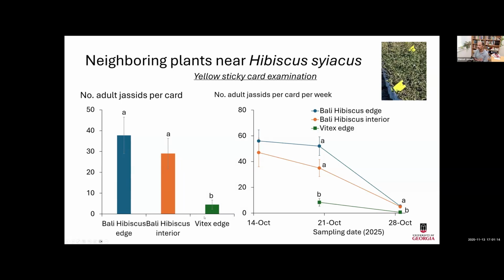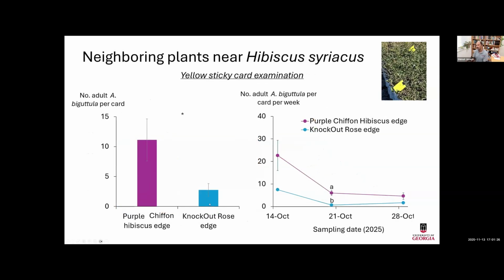That means the adults are flying to the neighboring plants, but it looks like they're not colonizing, because we didn't find any indication that they are colonizing Whitetex. Similarly, we saw activity of adults in the roses when we put the yellow sticky cards, but we didn't see any indication of colonizing roses at this point. But remember that in Asia, roses are reported as a host for this pest, but we didn't see that kind of thing here this year.